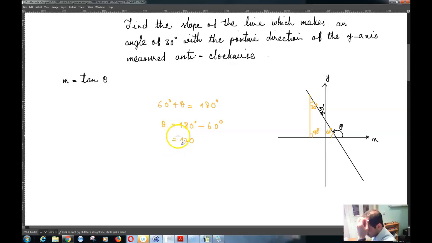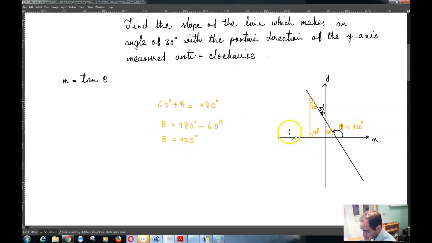Actually, I had gotten this answer in the beginning, but I had to do a lot of thinking. I think I did make a mistake over there. But now you know that your theta is equal to 120 degrees.